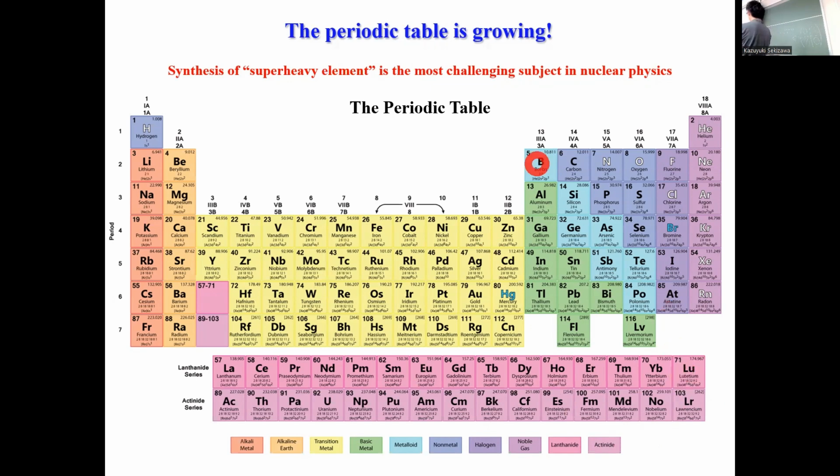Now, when I learned the periodic table when I was much younger, those elements exceeding element 100 or so did not have names. There were just placeholder names without specific names for the elements.